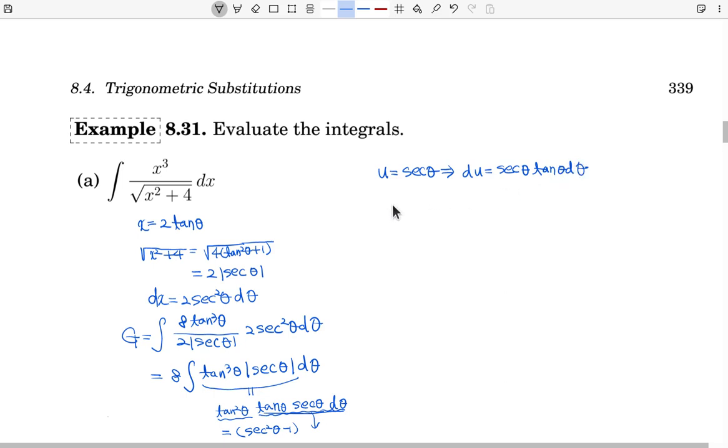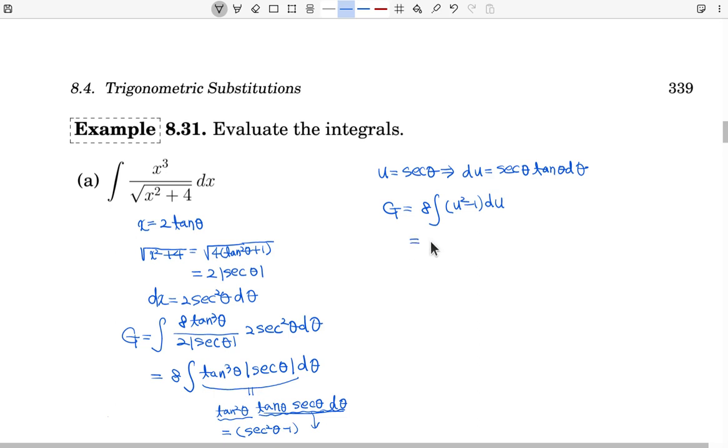So the given integral is the same as 8 times, for this portion, u squared minus 1, and the remainder is the same as du.